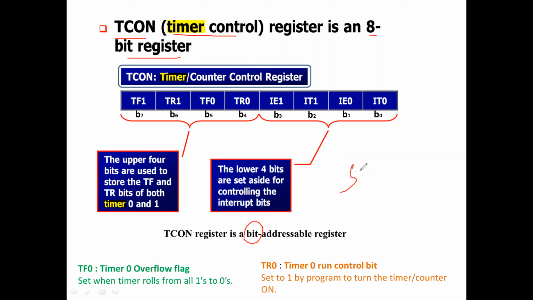Just now I told you, SETB TR0, which means you are setting this particular bit to 1. That is, individual bits you can control. That is what bit addressable means. Either you can set the bit or you can clear this particular TR0 bit. So you can do this.